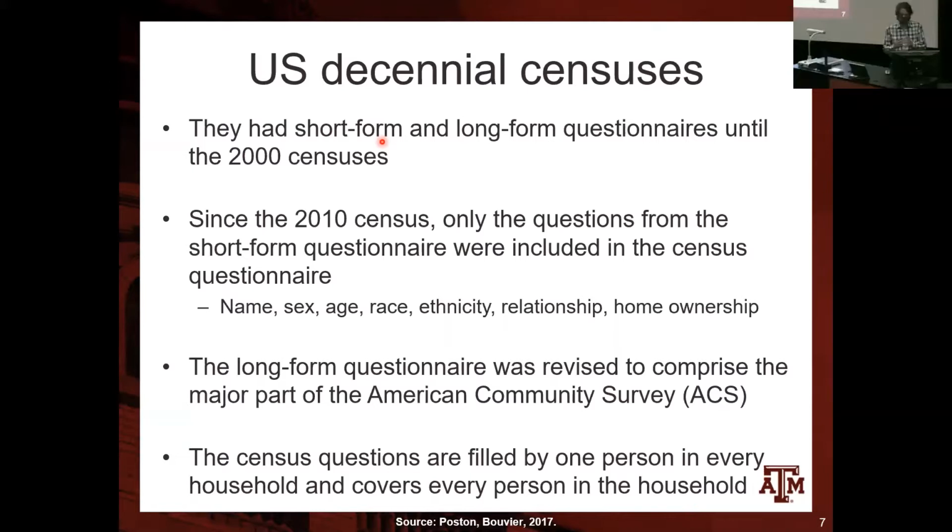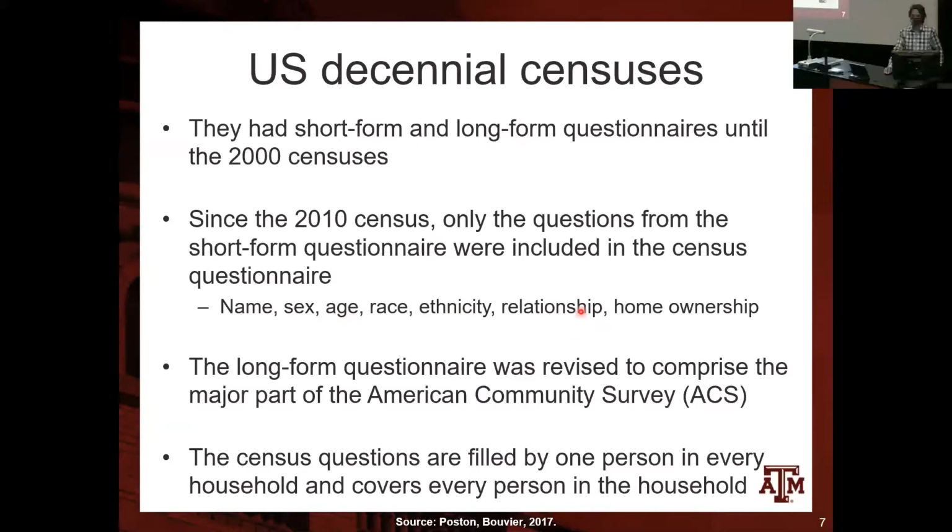So this short form questionnaire captures the name of each one of the people that were residents in a specific household, the sex of each individual, age, race, and ethnicity, and ethnicity is pretty much whether the person is Hispanic or not. You have subcategories of Hispanic, but that's what you're capturing.